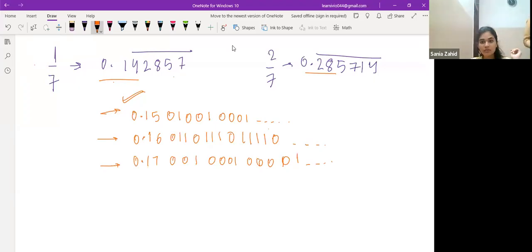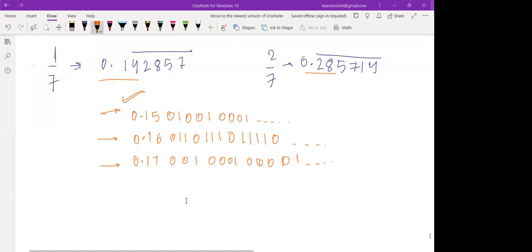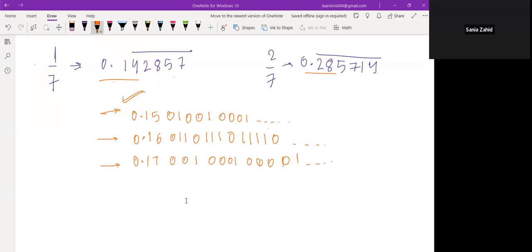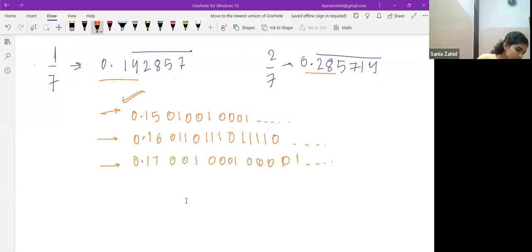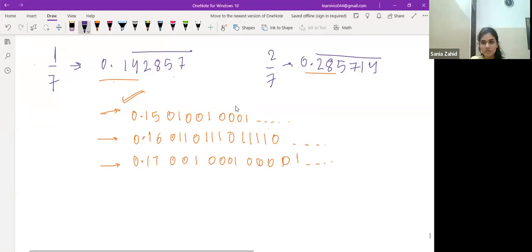Ma'am, the division expansion, do we have to do it in the rough column or in the exam paper?